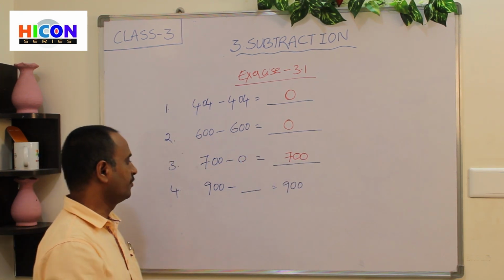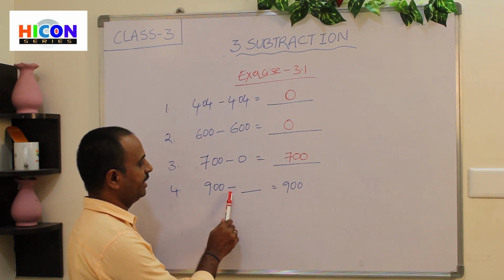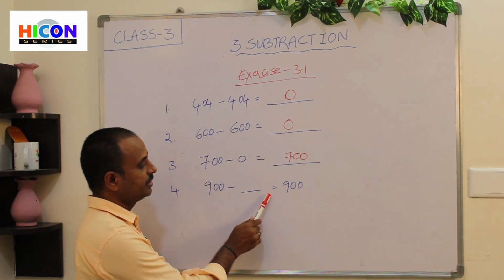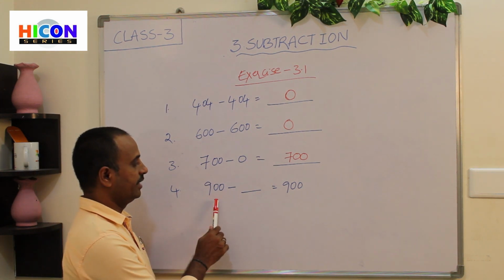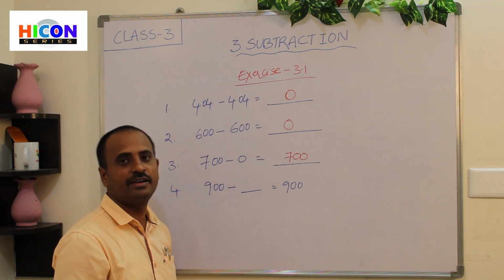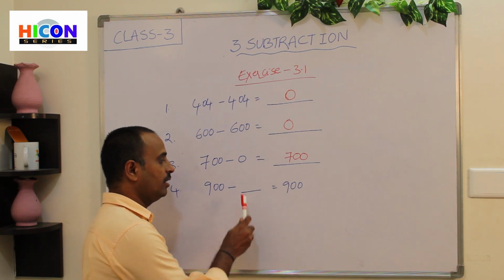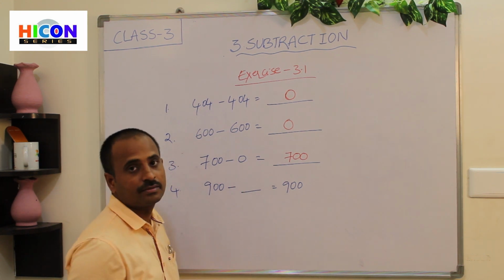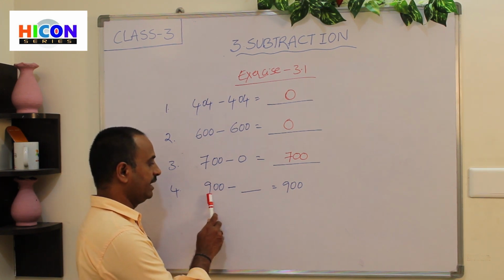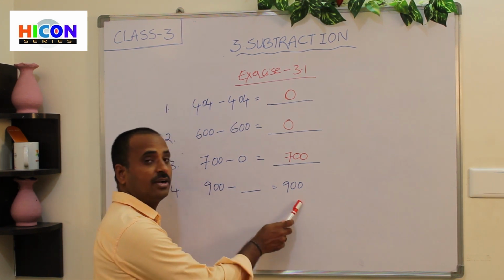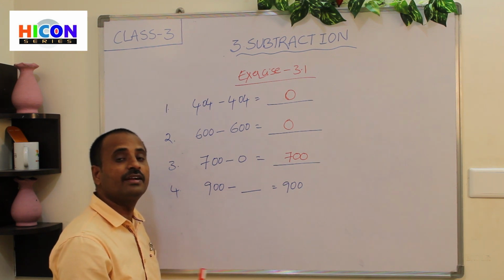Now children, see the fourth problem. 900 minus a dash is equal to 900. What number do we have to write in the blank? Here the answer is also 900. When do we get the same number?